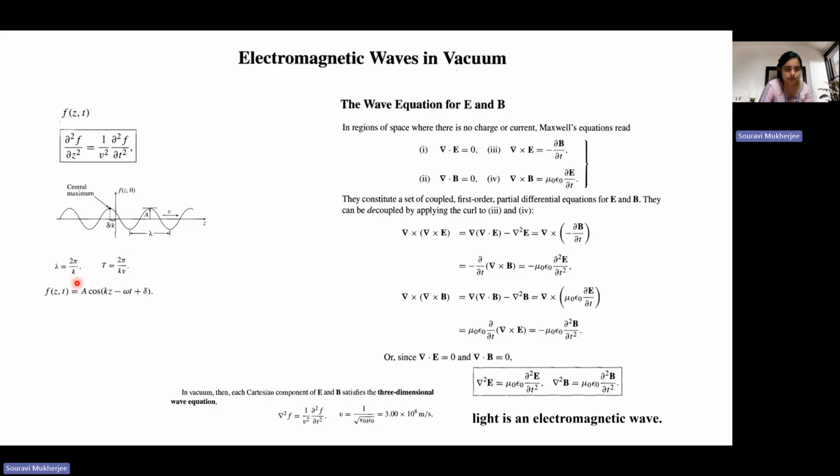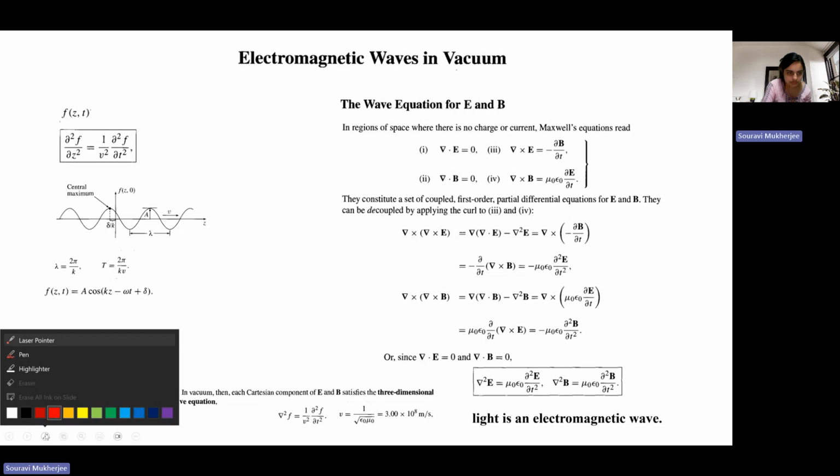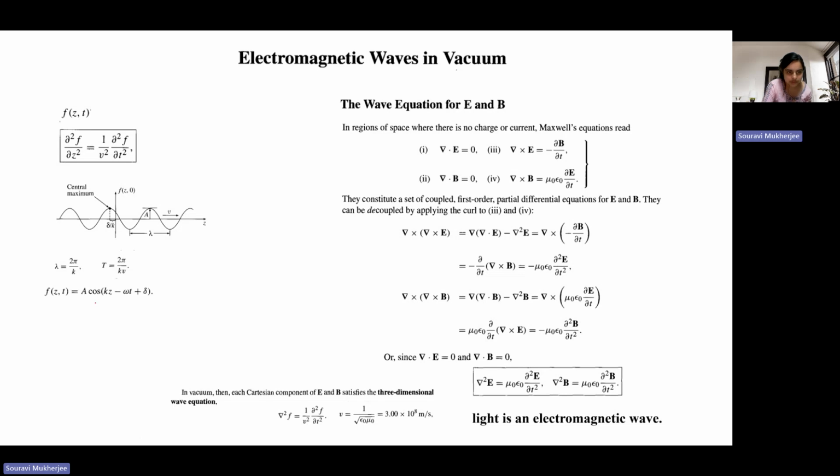On the other hand, you have a spatial variation, which is given by the wavelength. This term here, kz, talks about the direction in which your wave is propagating. So for this part, it is propagating along z. In a more general form, you would have k dot r, which is the most general form, where k gives you the direction of propagation of the wave.